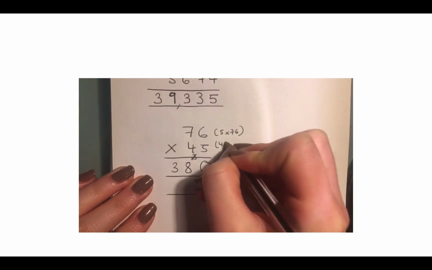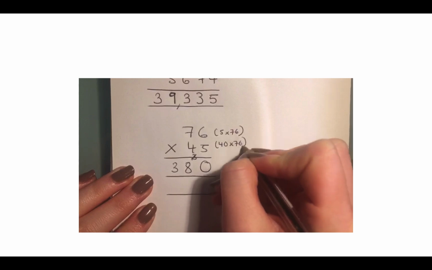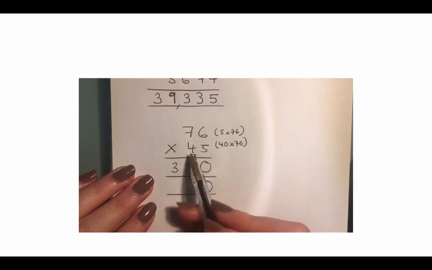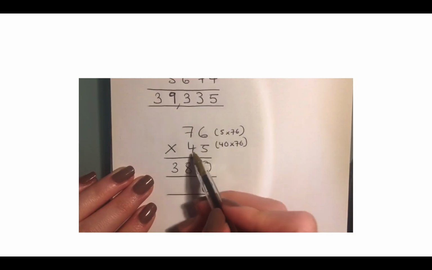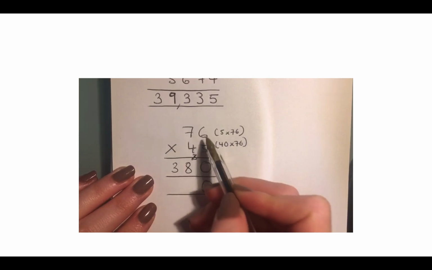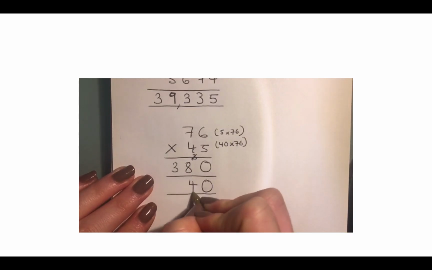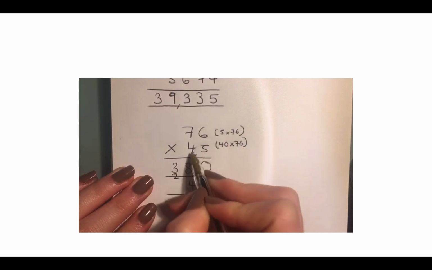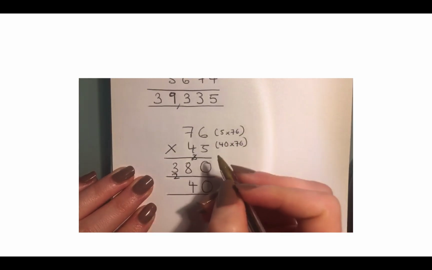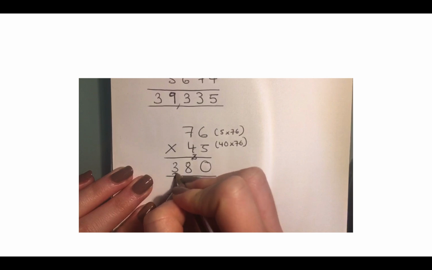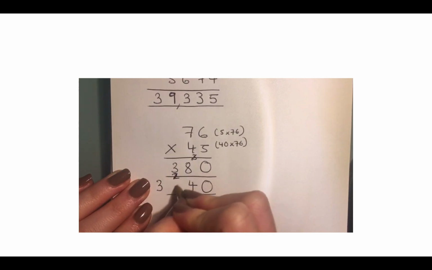Next time we're doing 40 times 76. So remember that place where we're collecting 40 times 6. So 4 times 6, we get 24. Carry my 2. 4 times 7, I get 28. Add that on, we get 30.